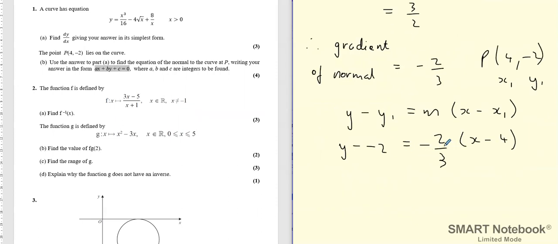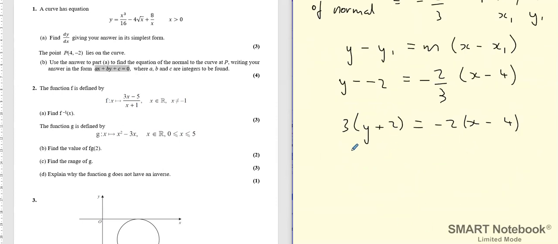Now, the easiest thing to do, instead of multiplying by fractions, is to multiply the denominator of our gradient across. So we get 3y plus 2 equals minus 2x minus 4.